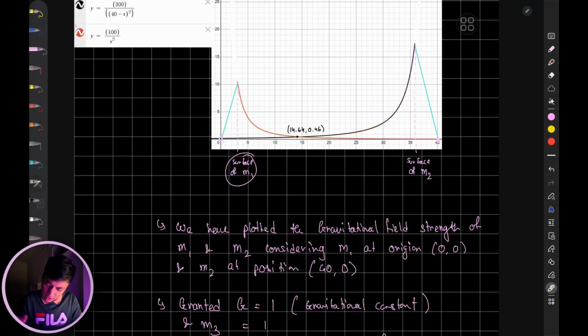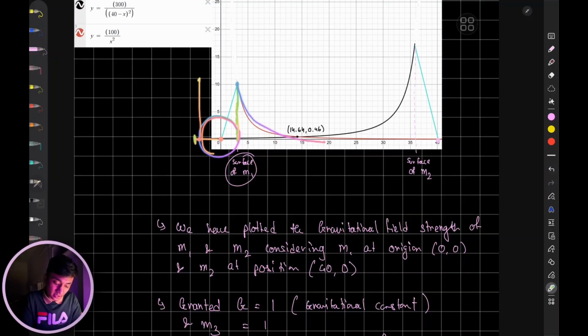By the way, for M1, if this is the center and this is the other surface, because the circle goes like this, the gravitational field is highest near the surface and then decreases as you move away.